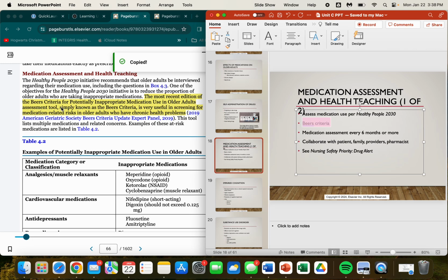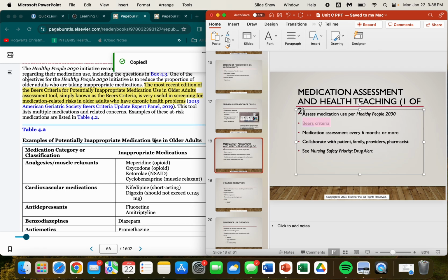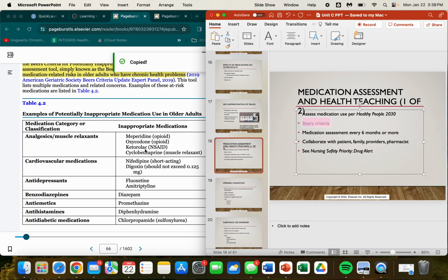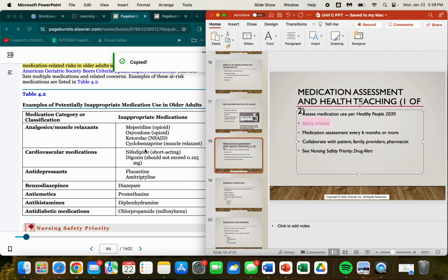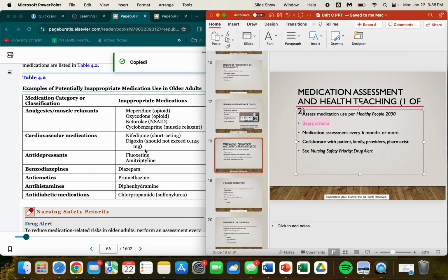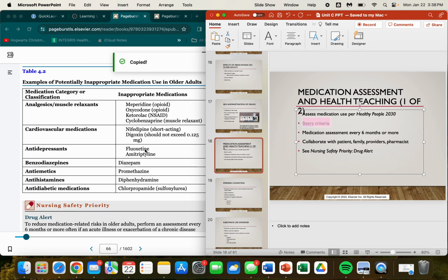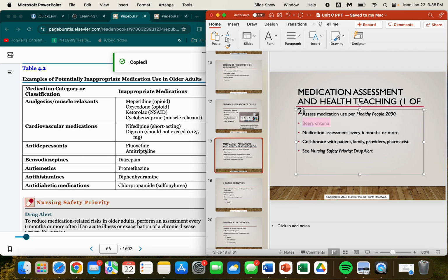The Beers criteria is for potentially inappropriate medication use and is used as an assessment tool and a screening tool. We also want to collaborate with patients, families, providers, and pharmacists to make sure that all these people are on the same page about how we should take our meds appropriately.